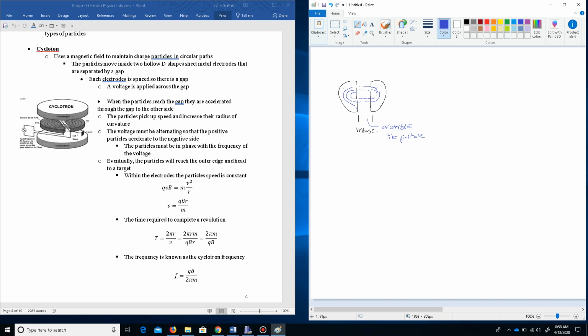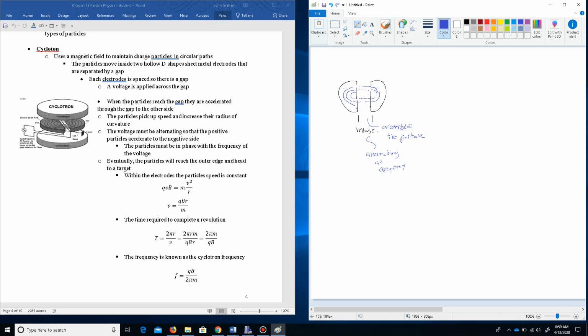The voltage must be what we call alternating, so that the positive particle accelerates to the negative side. And these particles must be in phase with the frequency of the voltage. So this voltage is alternating at some frequency.